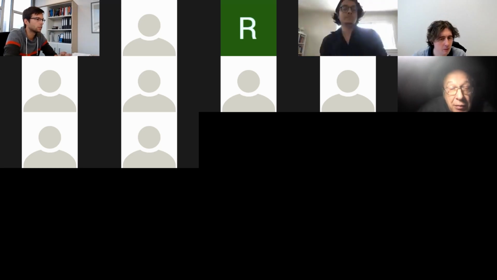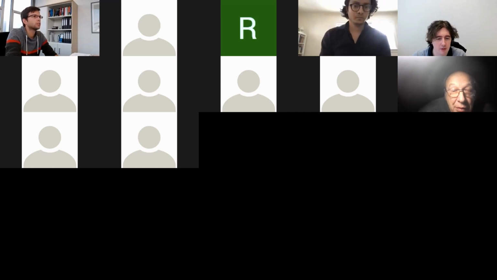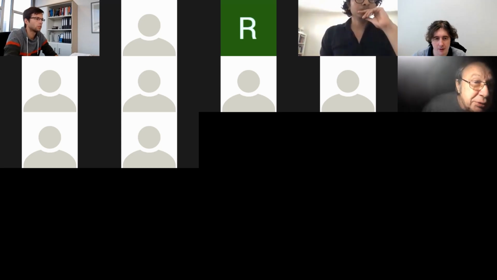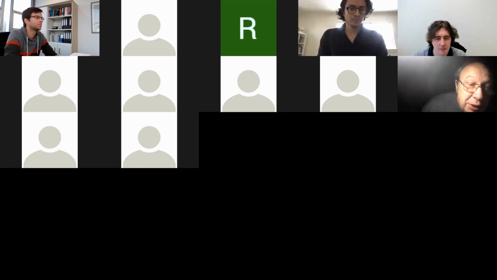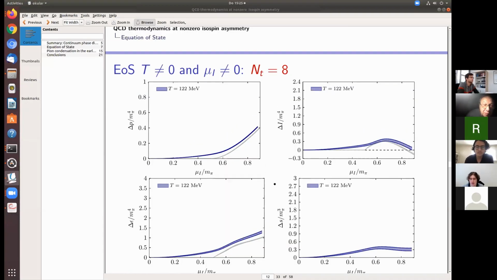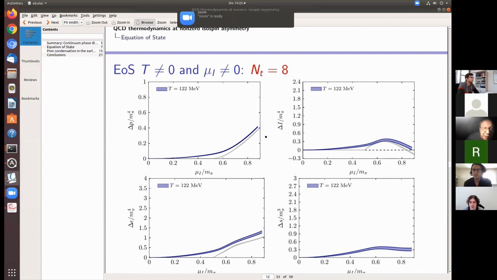Well, okay. So maybe I can share my screen, and you can tell me where exactly it was, and then I can answer. That is fine. Maybe I missed the talk, and it was a different talk. But okay, let me share my screen. So here, this is the equation of state at non-zero temperature, but here also the lines at zero temperature.